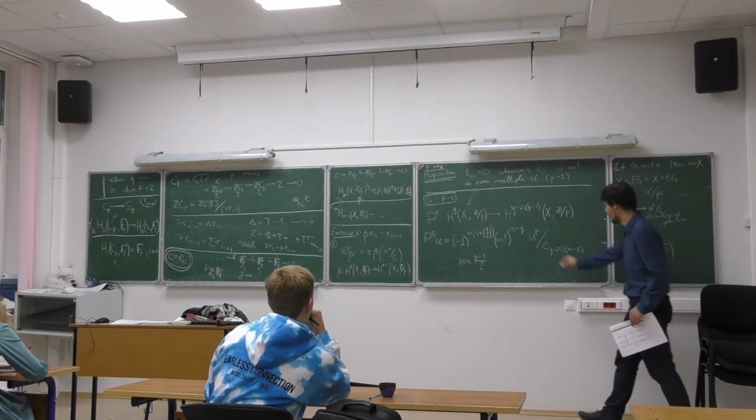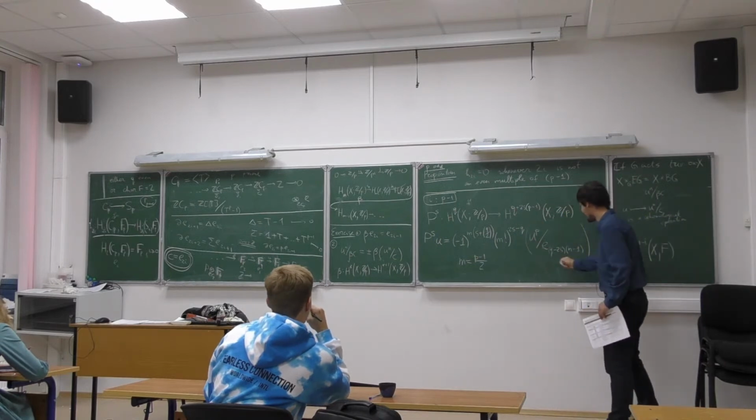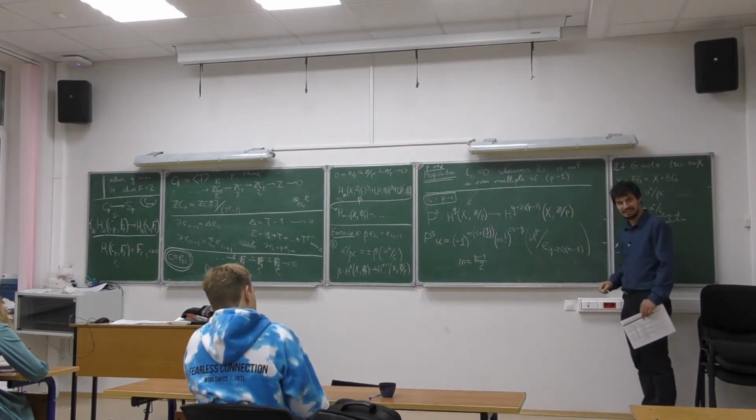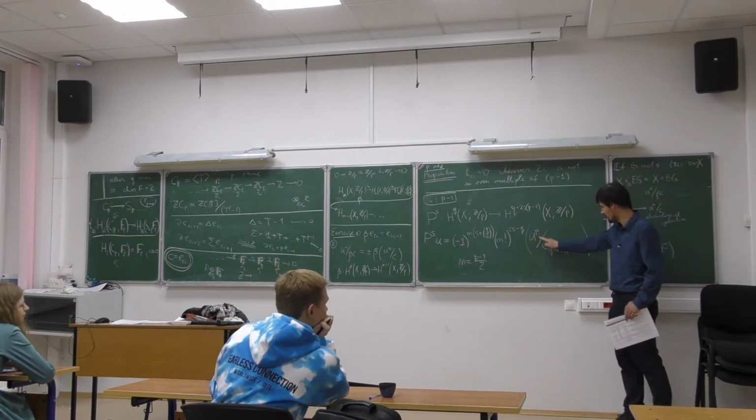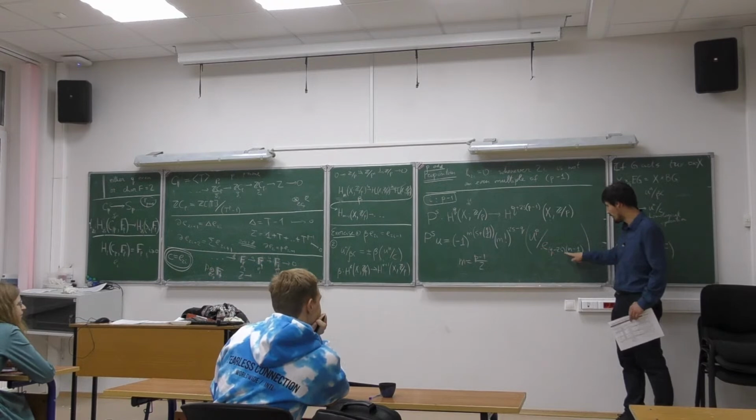So the essential part is this: you need to take u to the power p, and reduce it by the class with such number.